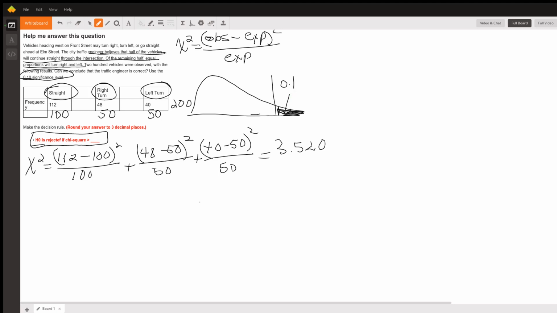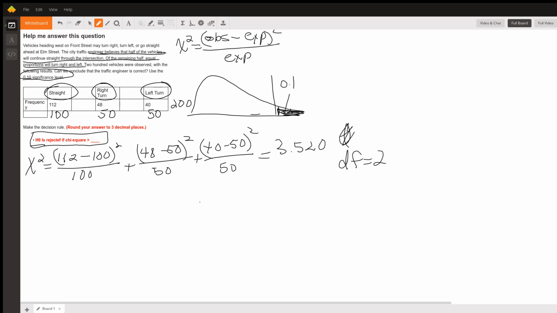And so we're going to go to our chi-square critical value table. This is what the table looks like. You can find them online. You probably should have one. So if I'm looking at the tail probability of 0.1, and my degrees of freedom are 2, because degrees of freedom are 2 because I have 3 categories.